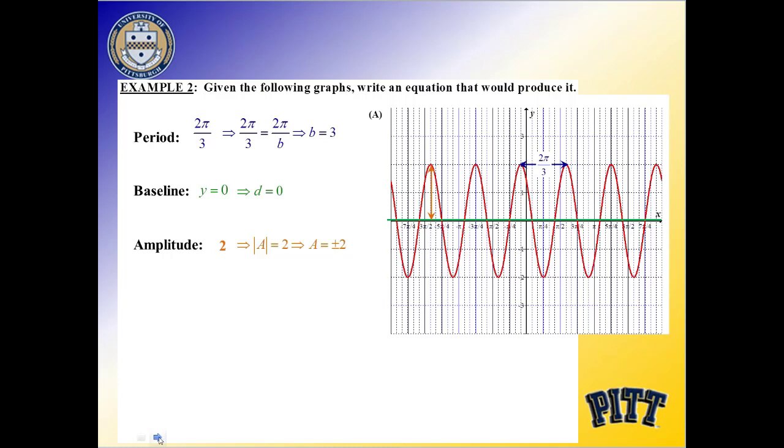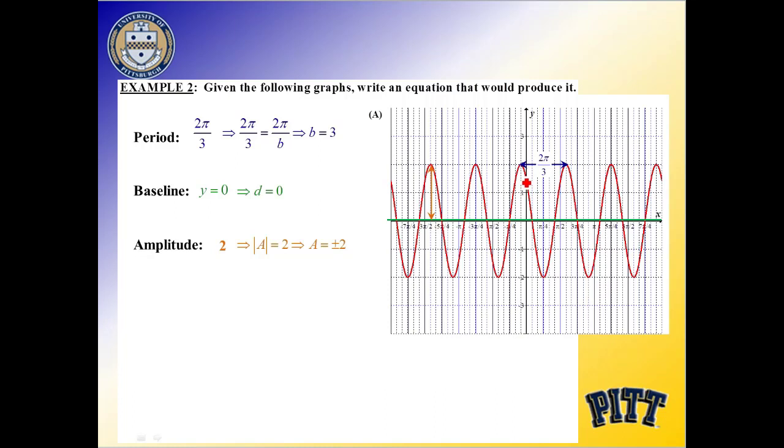And if you look here, this graph is doing none of that. It's crossing the y-axis right here. That's not a highest point, it's not a lowest point, and it's not on the baseline. So I'm going to have to choose a so-called starting point.